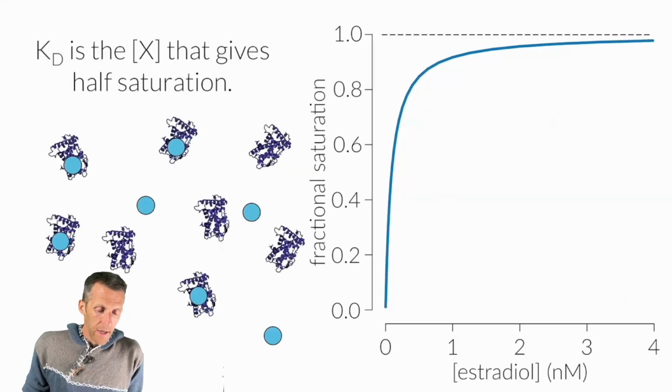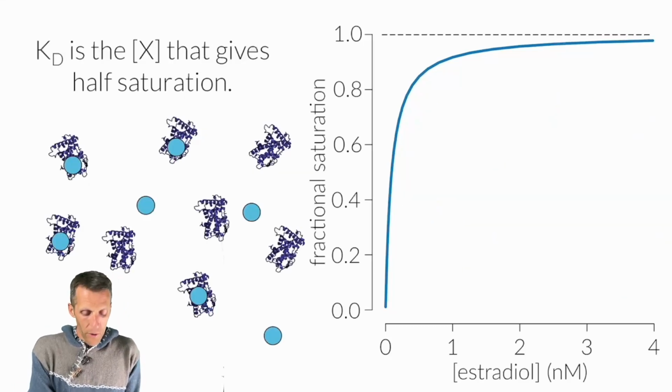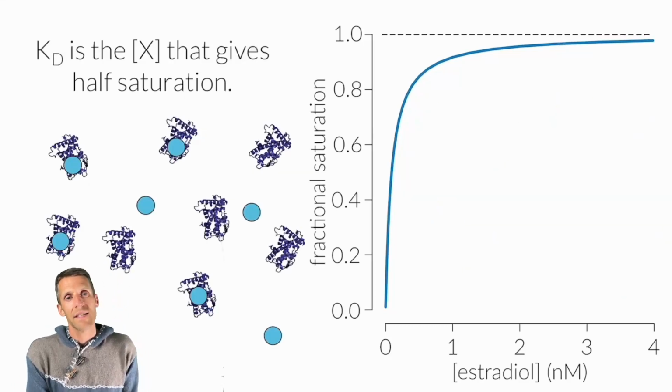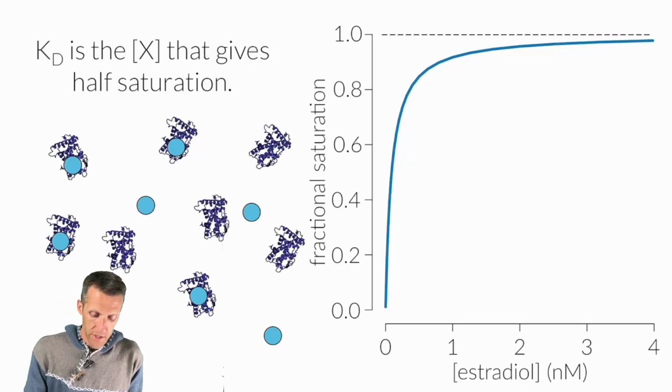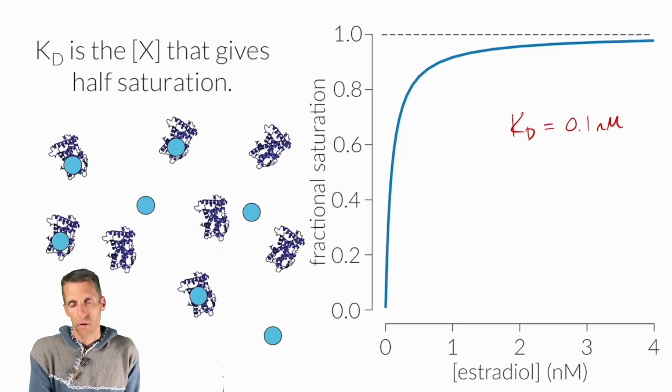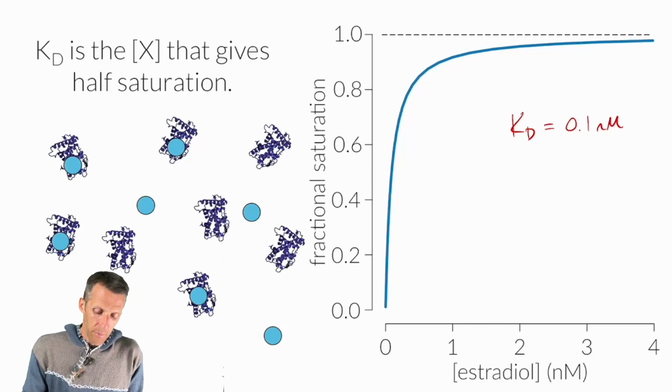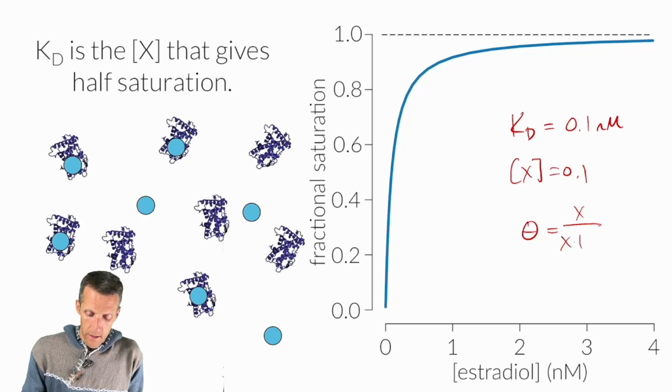I don't know if you noticed that there, but we also noticed that the KD is the X that gives half saturation. Recall that I said the KD equals 0.1 nanomolar. That was measured by a group. And what we did is we plugged in X equals 0.1. Let's just do it again to be clear.